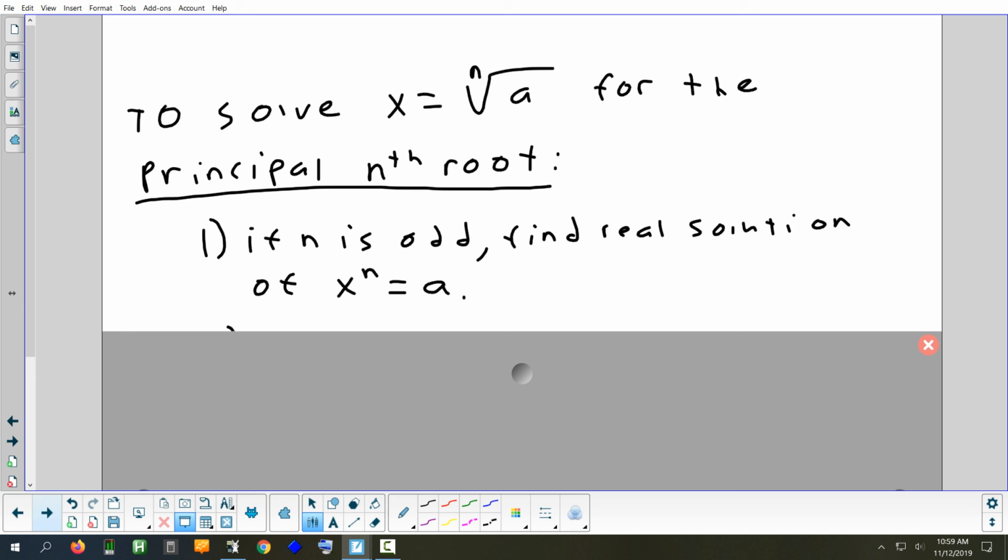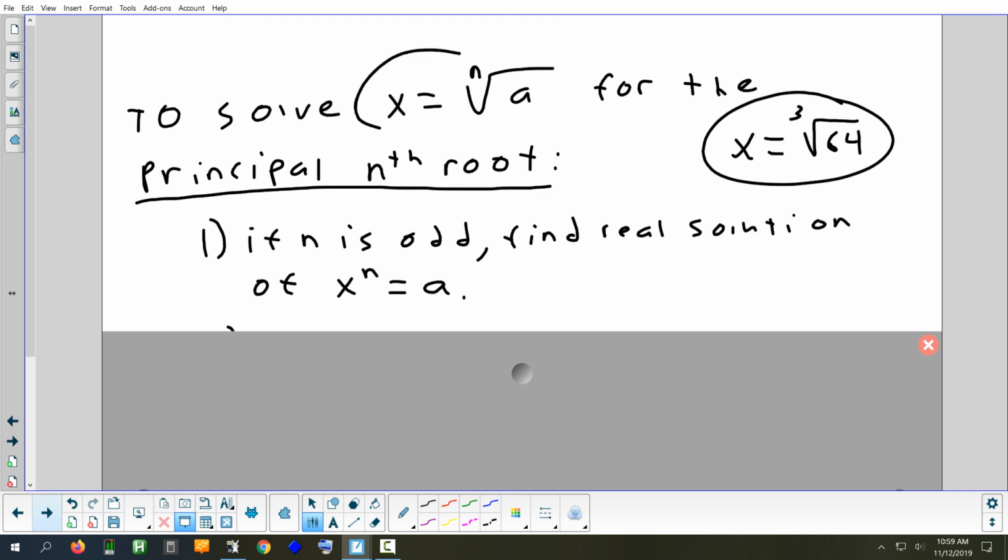Let's say that I wanted you to find the cube root of 64. Look at that, and look at that. Just match up which letter is which. What's n in what I circled?